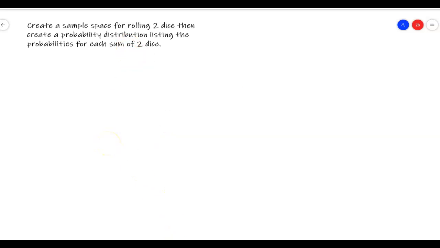But if I take the number of choices that I have on each die, which is 6, because there's a 1, a 2, a 3, a 4, a 5, and a 6, and I put the exponent to the number of objects that I have, which is 2, that's going to be the number of rows that I'm going to have in my sample space.